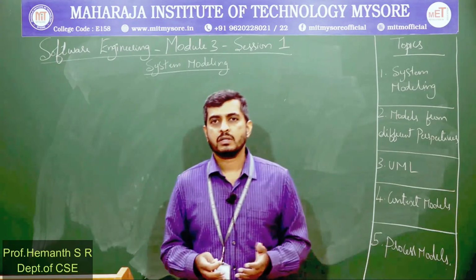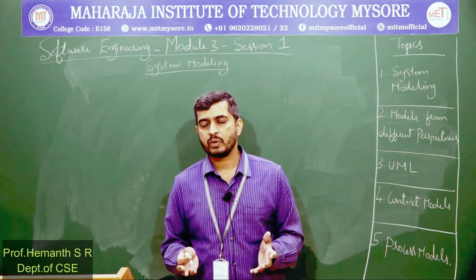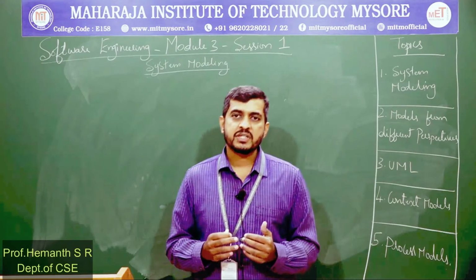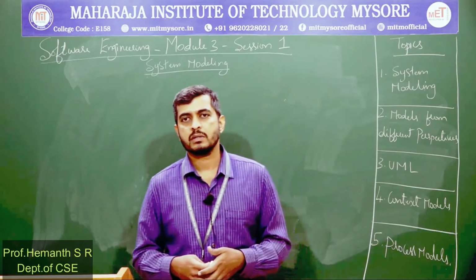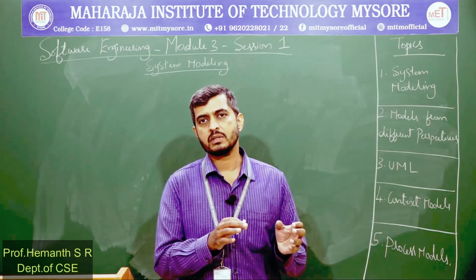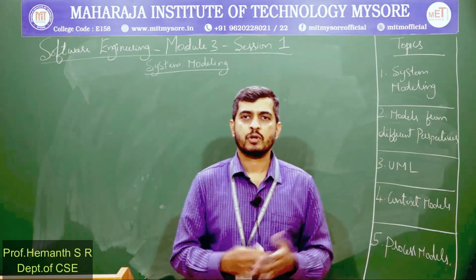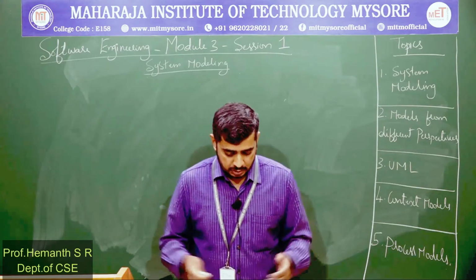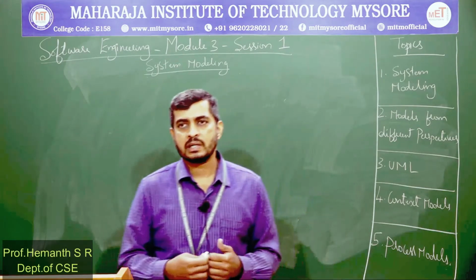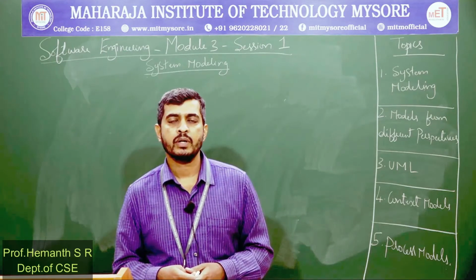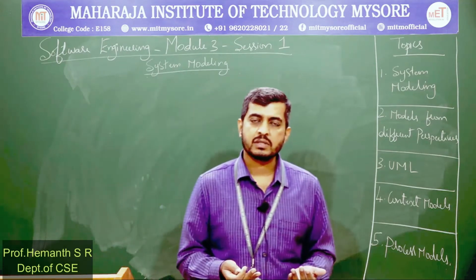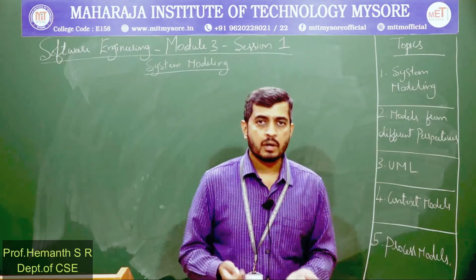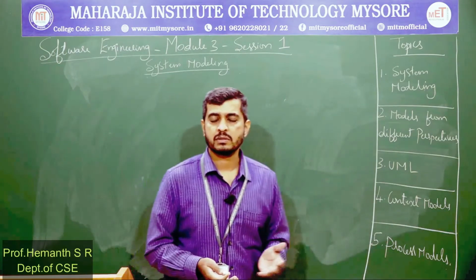Also, we understood the software is diverse, so the software engineering process is also diverse. You cannot follow one process across all the software. The process is also diverse. So why was this discussion taken up at this point of time? See, if the software is diverse and the process is diverse, obviously the models will also be diverse.